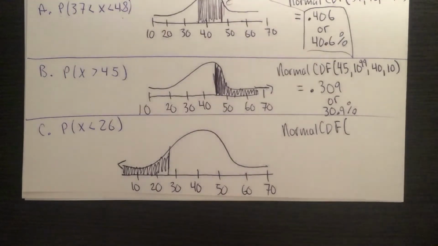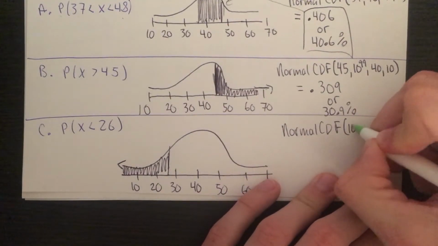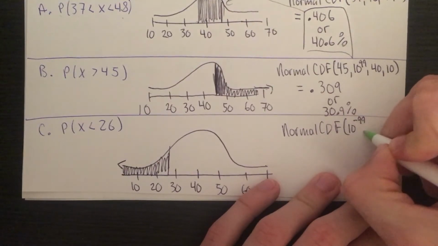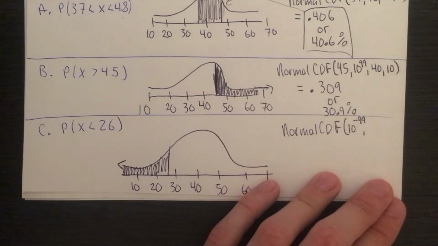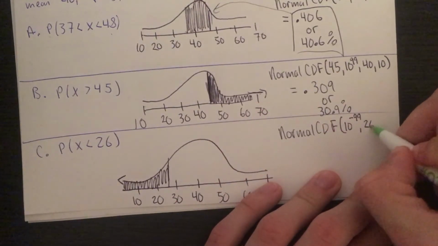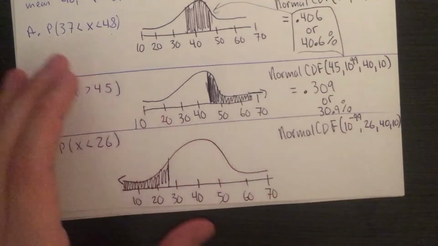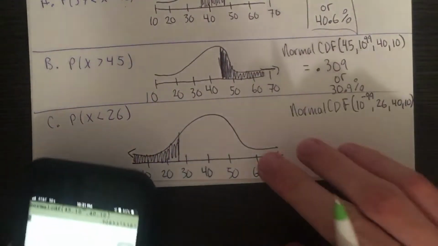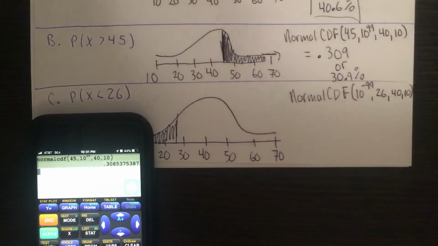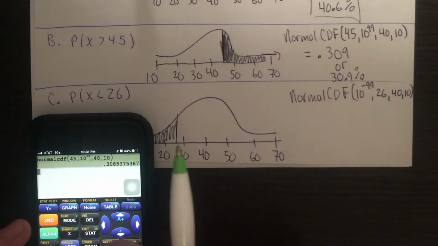So I like to use 10 to the negative 99 for the lower bound. And then the upper bound is just going to be as high as it gets, so here it's going to be 26. And we're still going to use 40 and 10 here. What that's going to do is add up the probability from the furthest left we can get all the way up to 26.